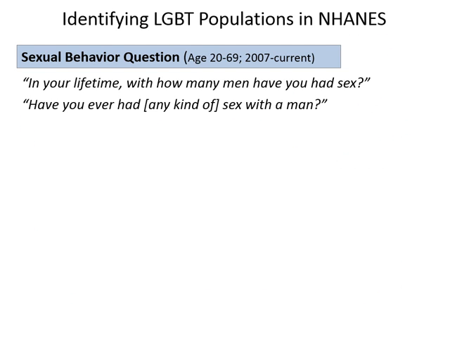So NHANES, since 1999, has asked people questions on their sexual behavior. And the age group that they asked this question for is age 20 to 69. Prior to 2007, they asked this 20 to 59. And so you get a little bit of a difference in the age group that you're looking at if you look at the before 2007 data.